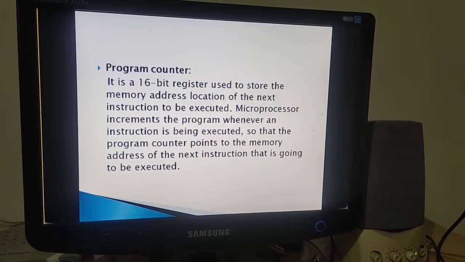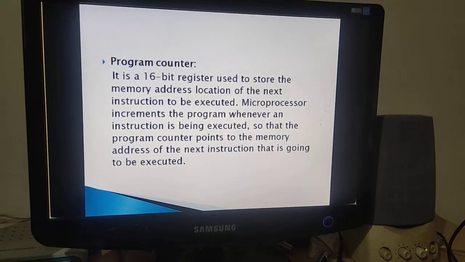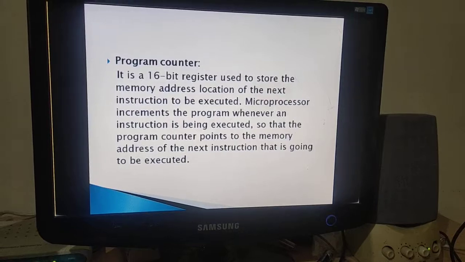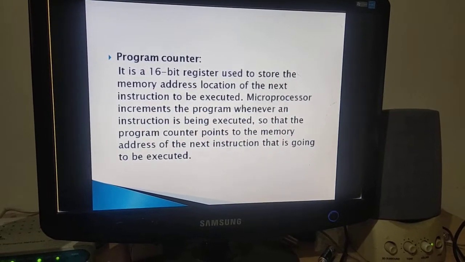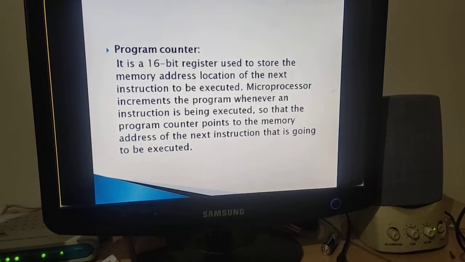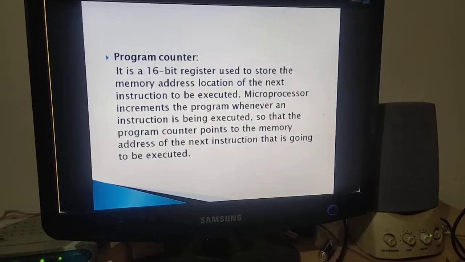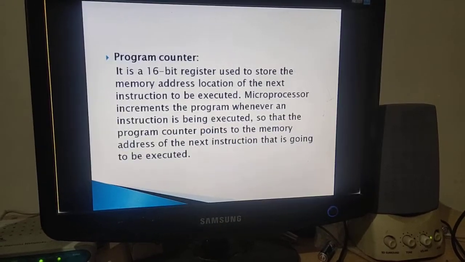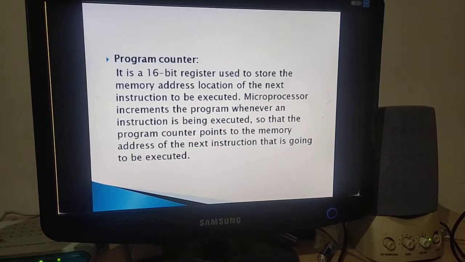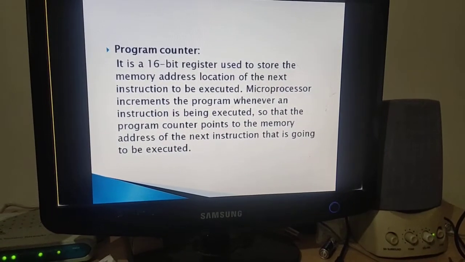Program counter: a 16-bit register used to store the memory address location of the next instruction to be executed. The microprocessor increments the program counter whenever an instruction is being executed, so that the program counter points to the memory address of the next instruction that is going to be executed.